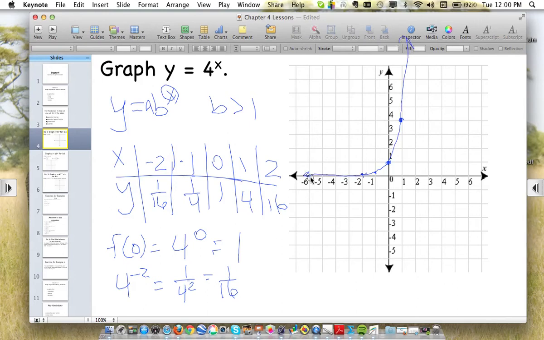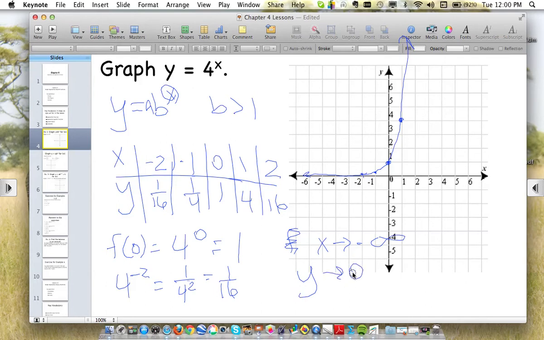As you're graphing that curve, notice that as x approaches -infinity, our y value doesn't actually get any smaller than 0.